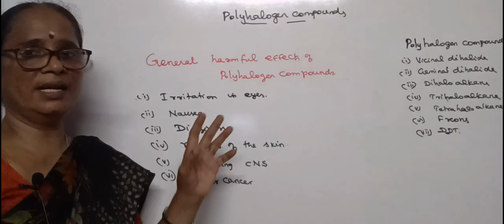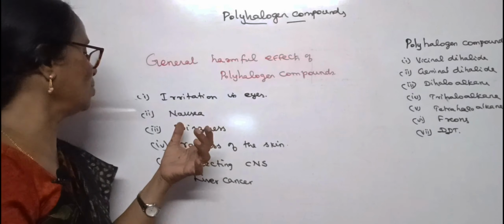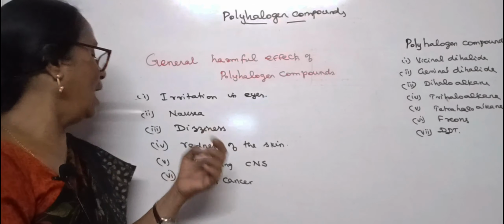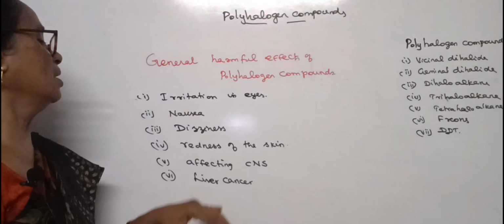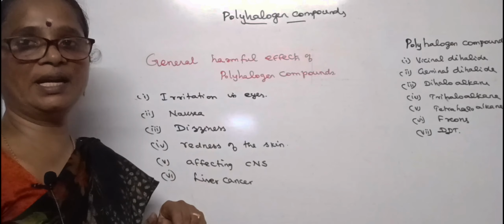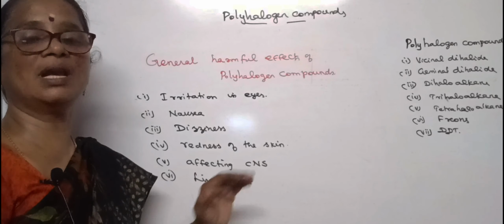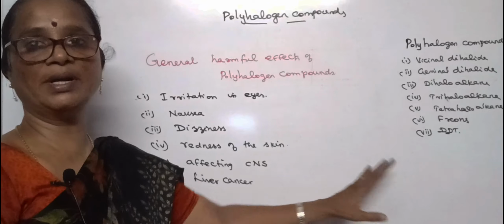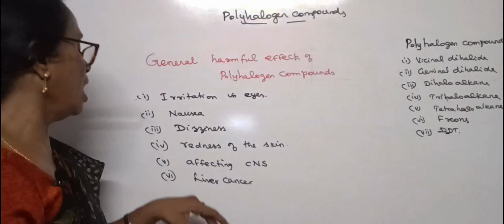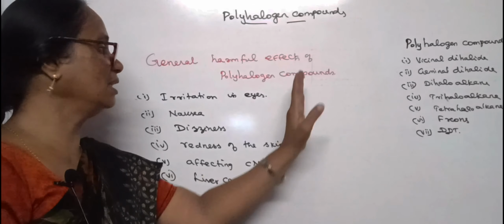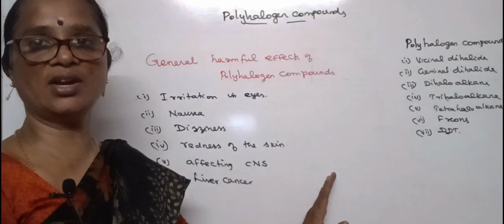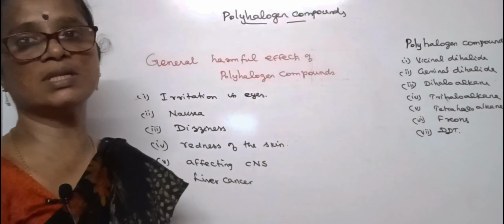In general, it leads to nausea as well as dizziness, and it may also cause redness of the skin, and it may also affect the central nervous system, like chloroform and carbon tetrachloride. It may also lead to liver cancer. So these are the general harmful effects of polyhalogen compounds.